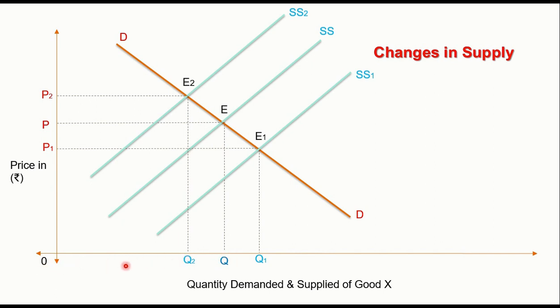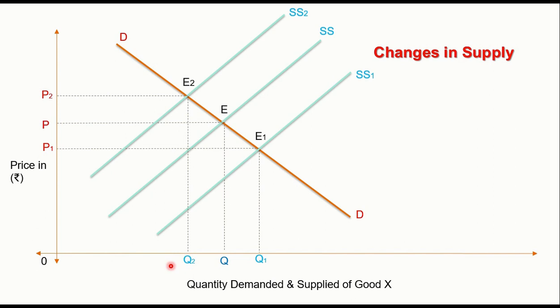We can conclude here that as supply increases, equilibrium price falls and equilibrium quantity increases. And when supply decreases, equilibrium price increases and equilibrium quantity falls.